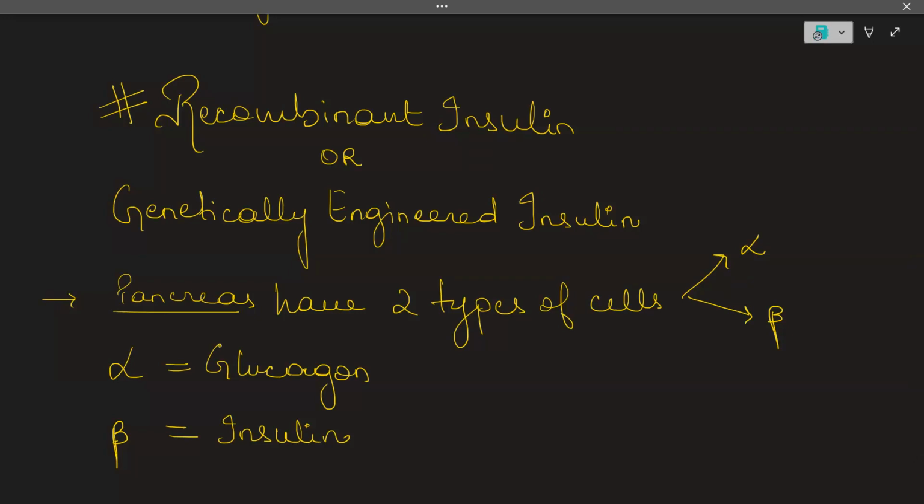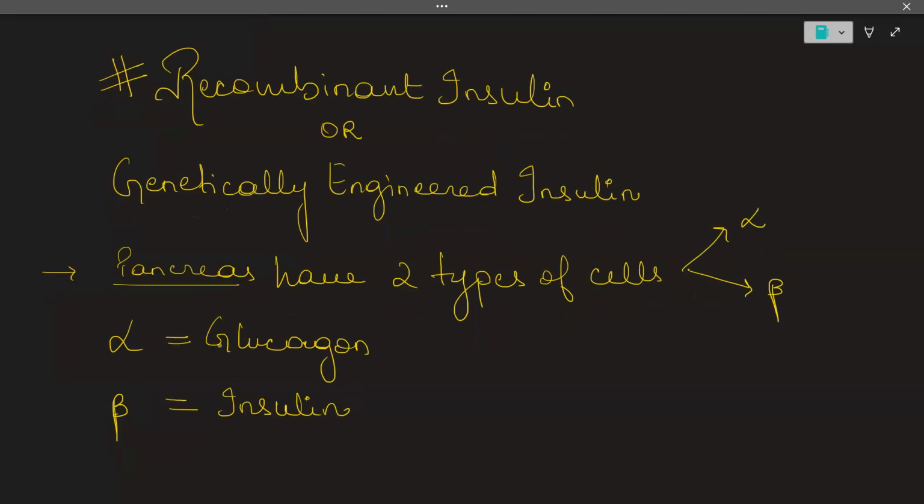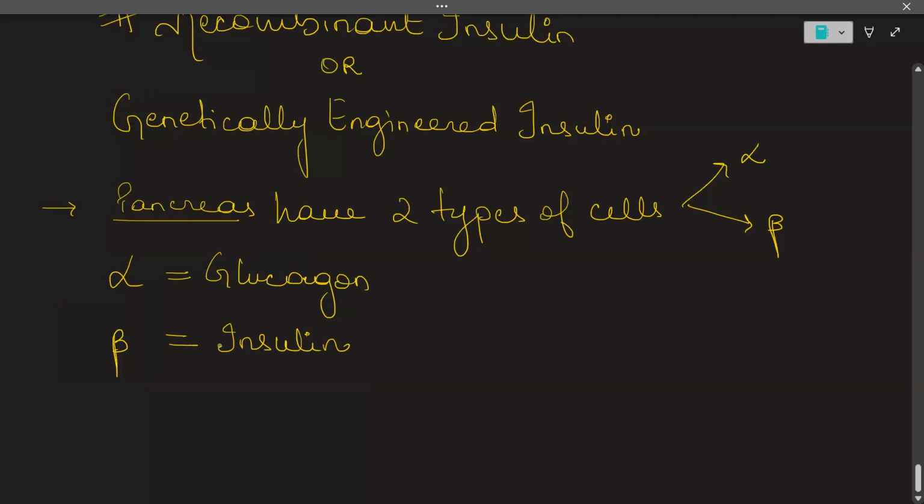Now, do you know what is the function of glucagon and insulin? Insulin is a hormone that is released in our body, and it is responsible for the breakdown of blood sugar. Insulin decreases the amount of sugar in our body and glucagon increases it.